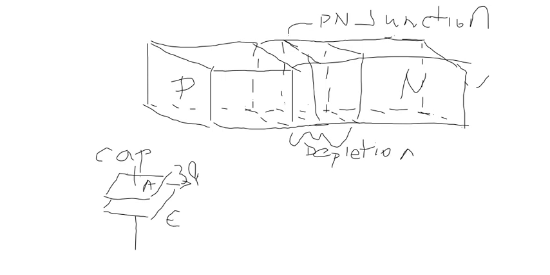We use the letter epsilon for that, and that's just a measure of how good of an insulator it is. Dielectric is just another word for insulator. And so the amount of capacitance that I have is equal to epsilon A over L.